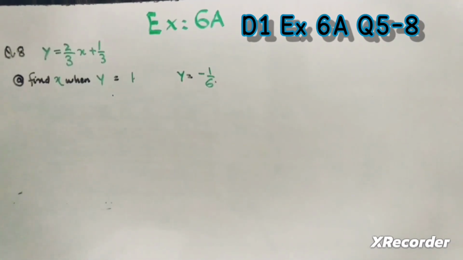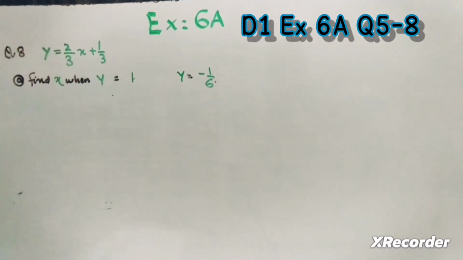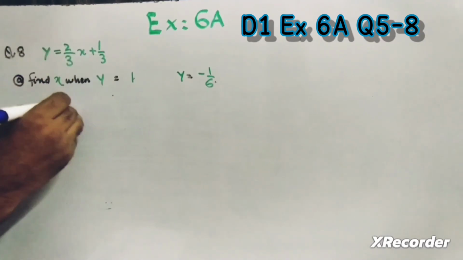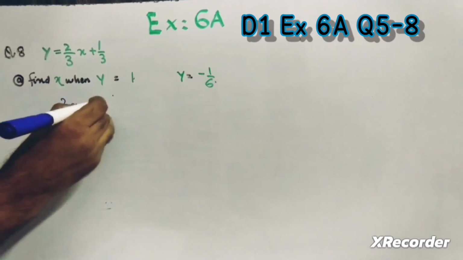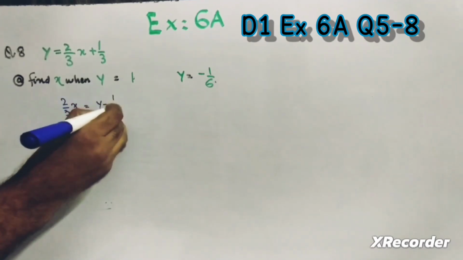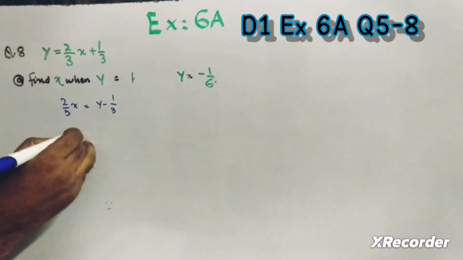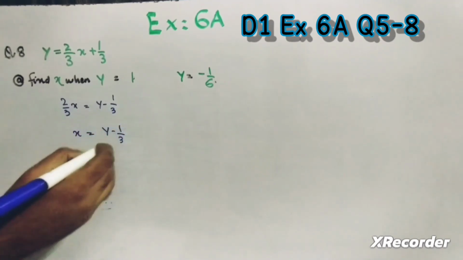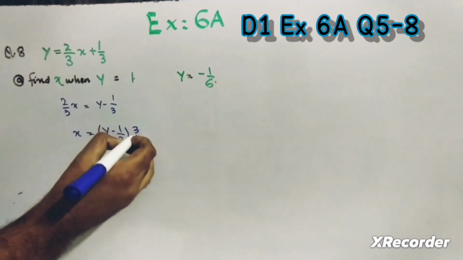Now the last part, we have to find the value of x when y is 1 and y is minus 1 upon 6. So first of all, we isolate x. Let's say 2 upon 3 x is equal to y minus 1 upon 3. In the next step, x is equal to y minus 1 upon 3, divided by 2 upon 3.